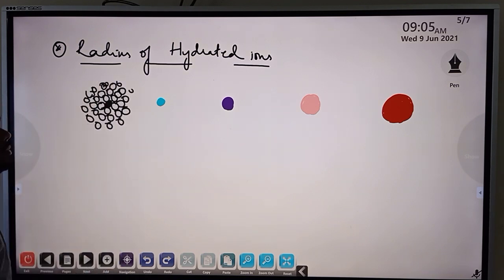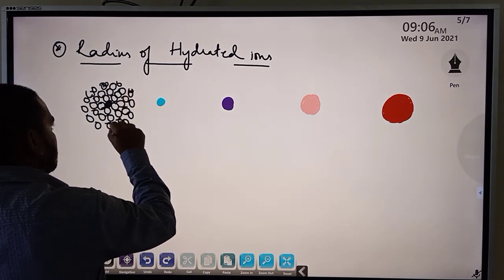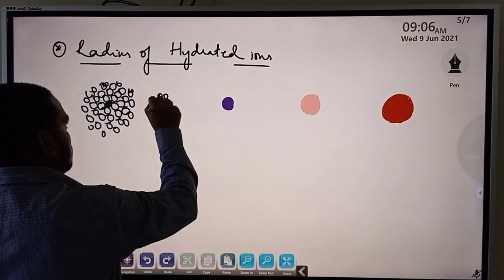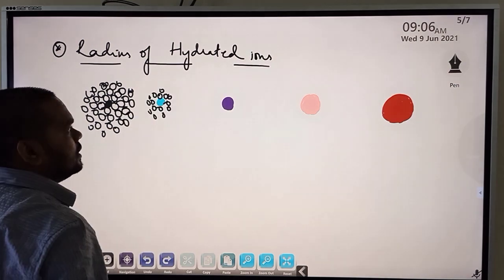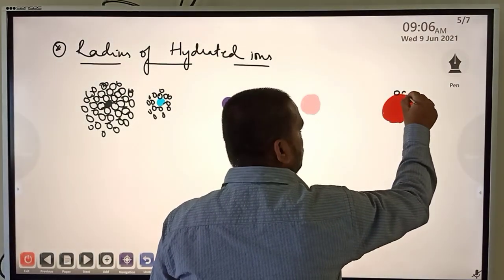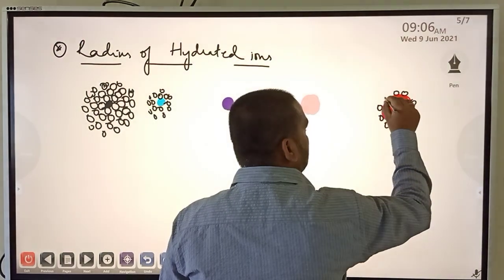Sodium is relatively lesser as compared to lithium, somewhat like this. And similarly, all the way to cesium, the degree of hydration is very less.